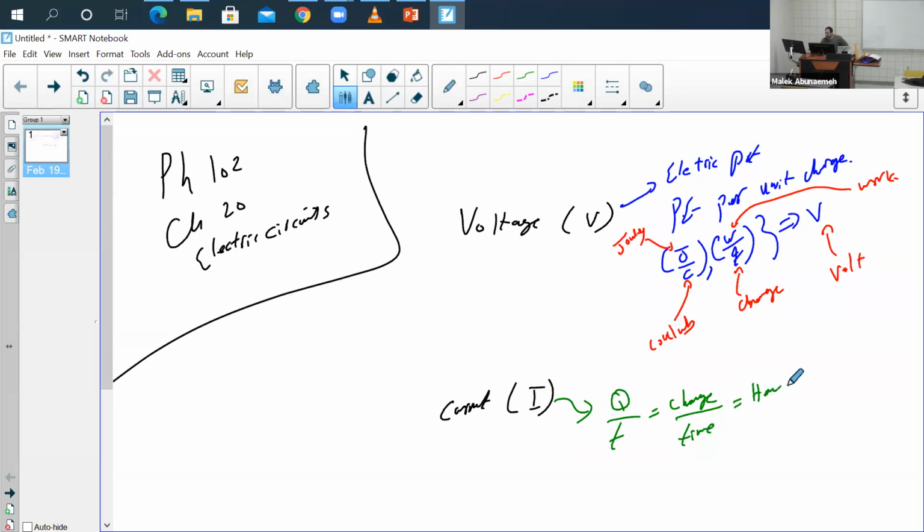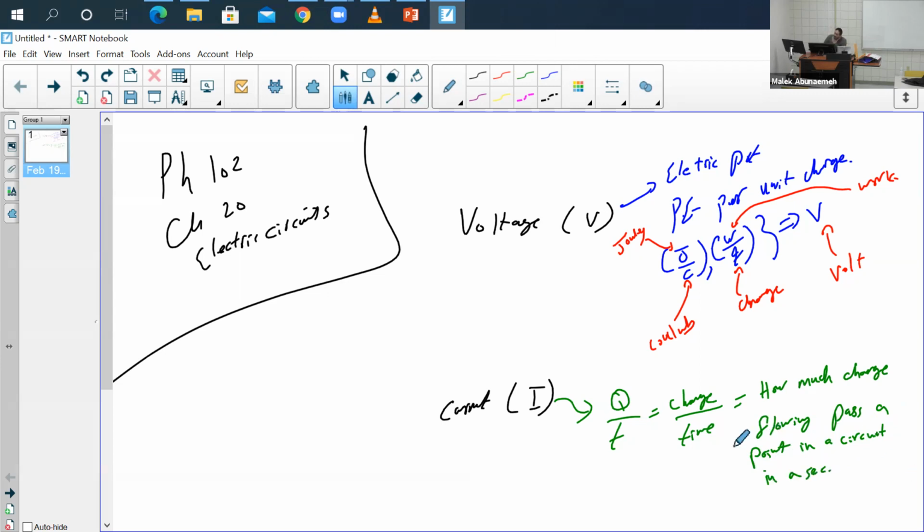Which is how much charge is flowing past a point in a circuit in a second.